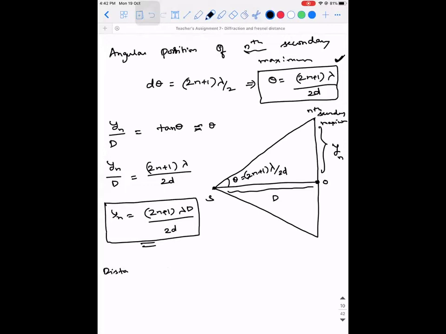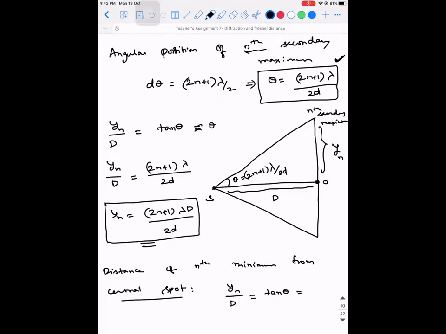Similarly, can you find out the distance of the nth minimum from the central spot? When I say from the central spot, I mean from the center of the central spot. So yn divided by capital D will be how much?